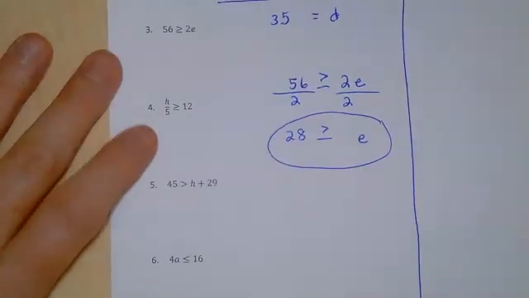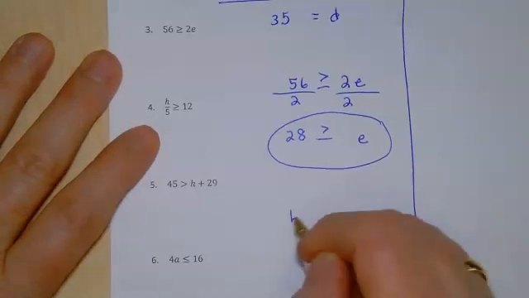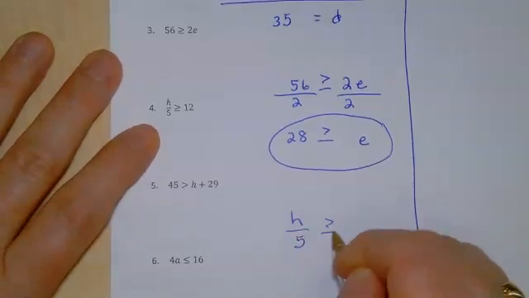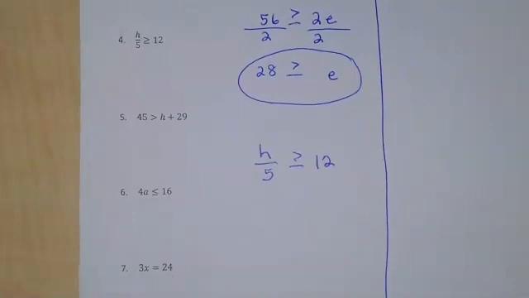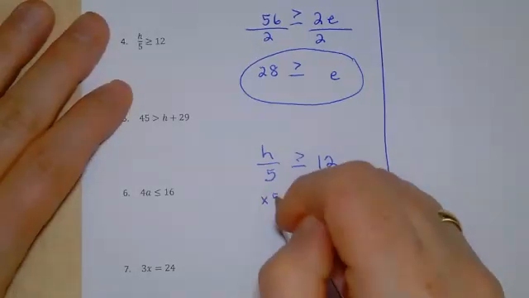Okay, here's the next one. H divided by 5 is greater than or equal to 12. How do I get rid of divide by 5? What's the opposite of divide by 5, Brock? Times by 5, both sides.